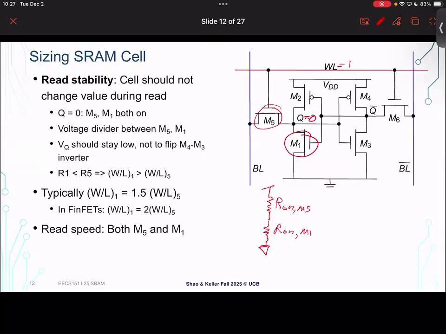And this is our node Q. And we need to make sure that Q stays 0 or close to 0 so that it doesn't trip the feedback and flip the value of the cell. So if we want Q to stay close to 0, which resistance do we need to be smaller?